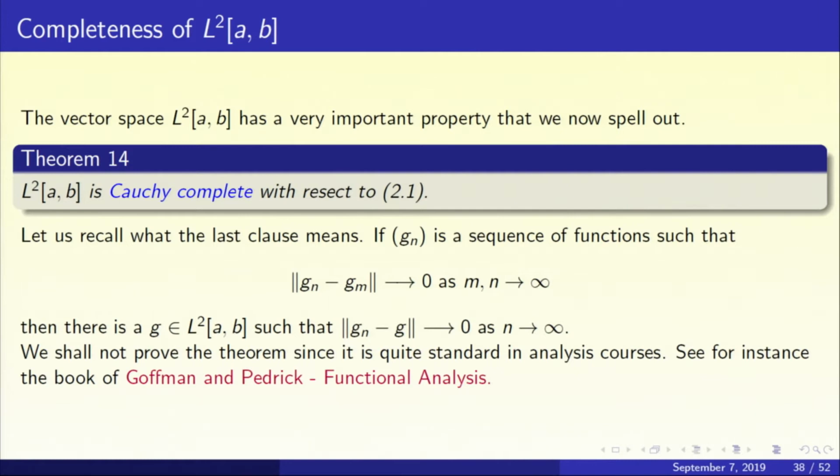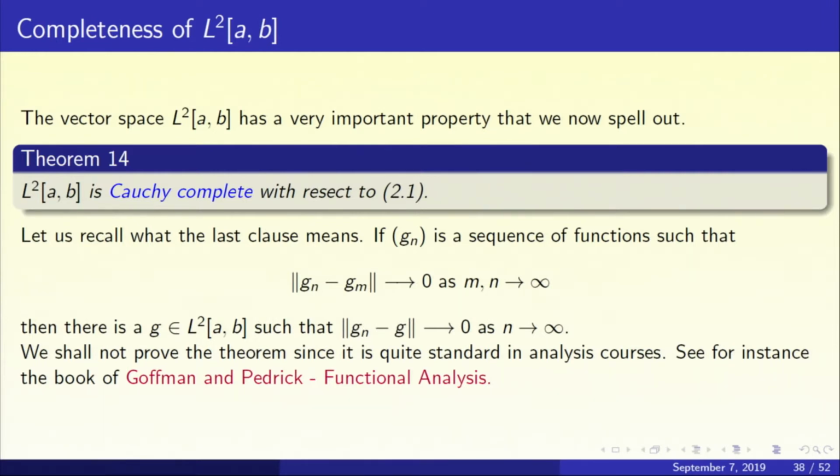Suppose you take a sequence g_n of functions such that the norm of g_n minus g_m goes to 0 as n, m go to infinity, then there is a g in L2 such that the norm of g_n minus g goes to 0 as n goes to infinity. In other words, every Cauchy sequence converges.